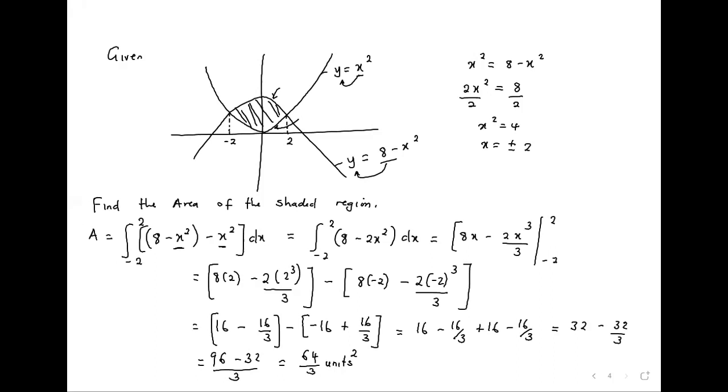She's saying that from the first one, you got 8 minus 2x squared. She thought you're combining the two, but how have you come out with 8 minus 2x squared?